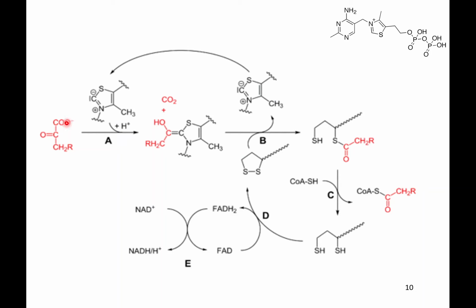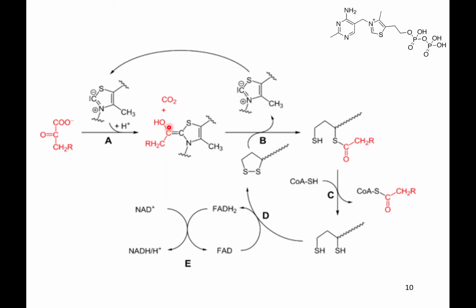So pyruvate comes in, the enzyme cuts off CO2, and the other 2 carbon part of pyruvate is going to get stuck to the TPP. That TPP then transports those 2 carbons to lipoic acid. This lipoic acid is connected to a lysine in the enzyme, enzyme 2.